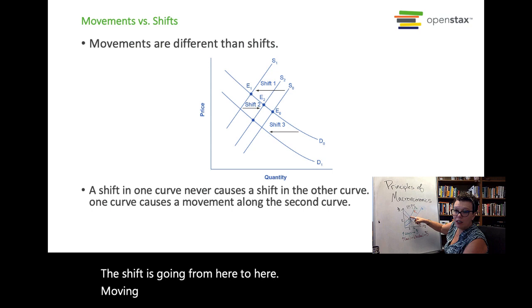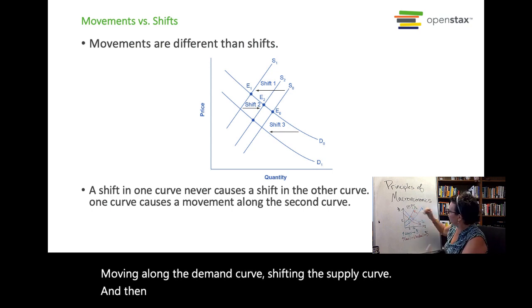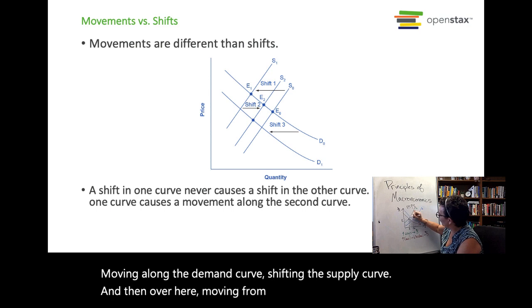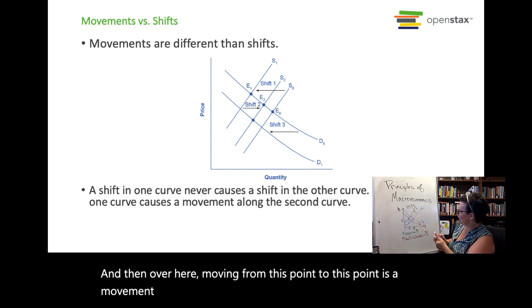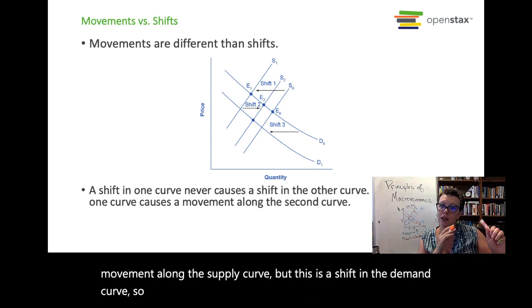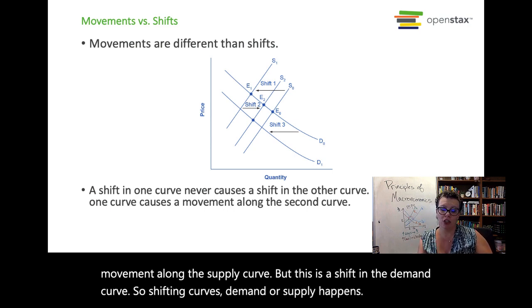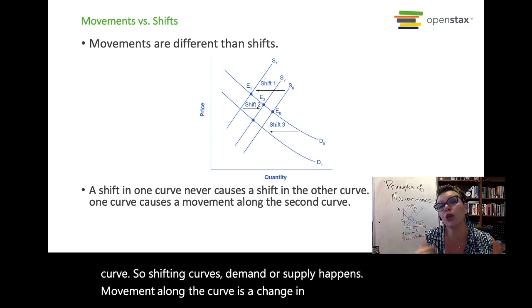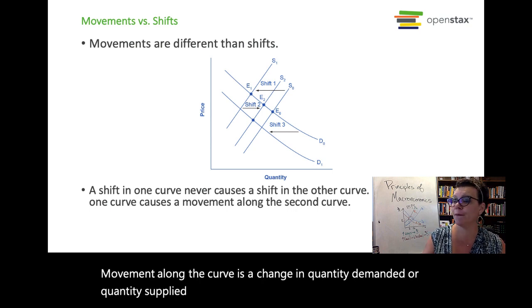Moving along the demand curve, shifting the supply curve. And then over here, moving from this point to this point is a movement along the supply curve, but this is a shift in the demand curve. So shifting curves, demand or supply, happens. Movement along the curve is a change in quantity demanded or quantity supplied. Okay? Cool.